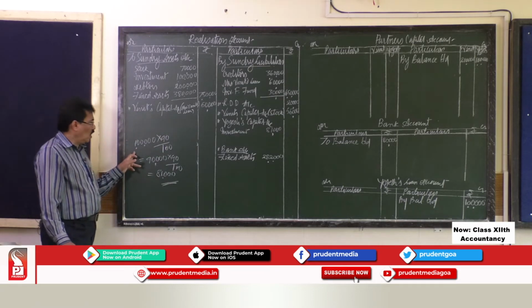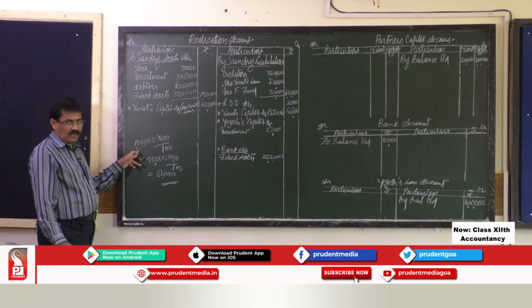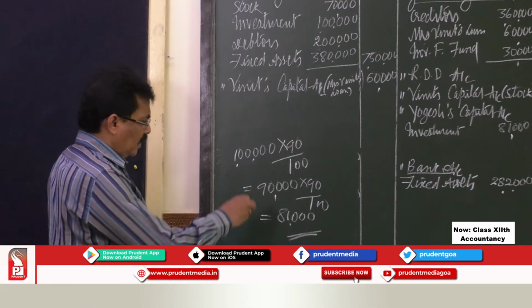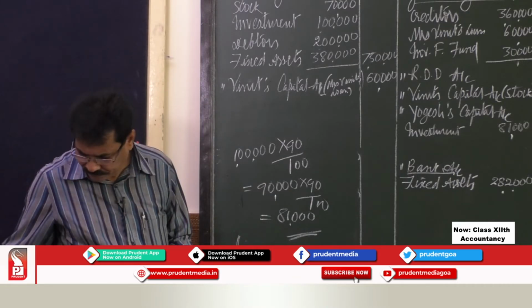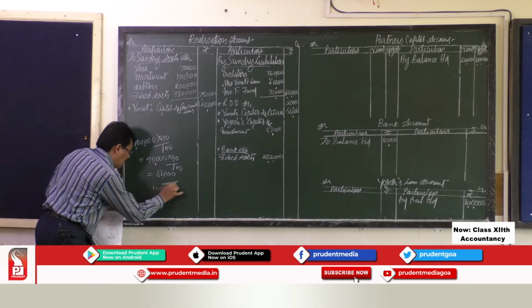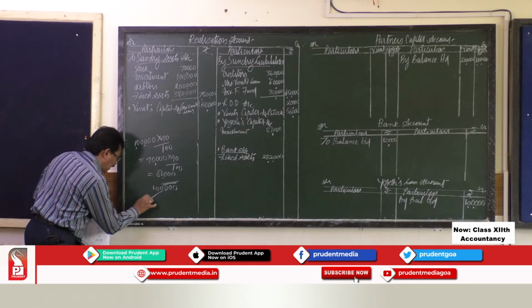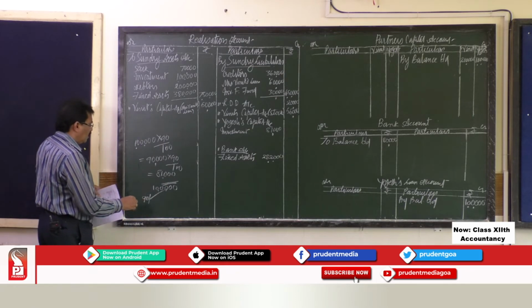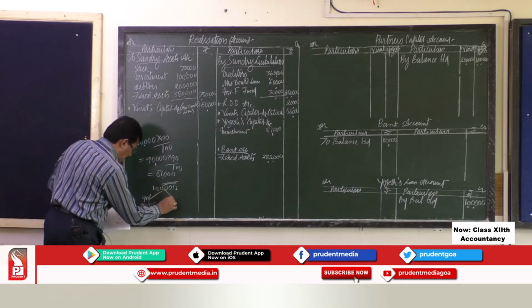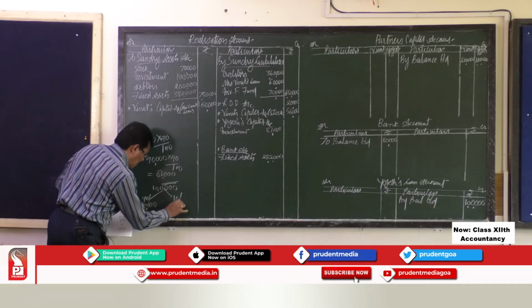So, fixed assets realized 2,82,000, and remaining investment. Now, as you know, the total investments were 1 lakh. Out of 1 lakh, 90% of the investments are taken over by Yogesh. 90% is 90,000 and remaining is 10%. 10% is 10,000.